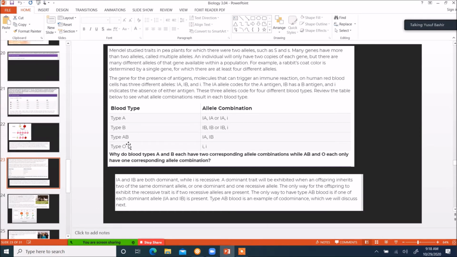When codominance happens, does that mean both of them exist? Yes, both of them exist. So if you have type A, that means you just have the A type of sugar. If you have type B, you just have the B type of sugar.